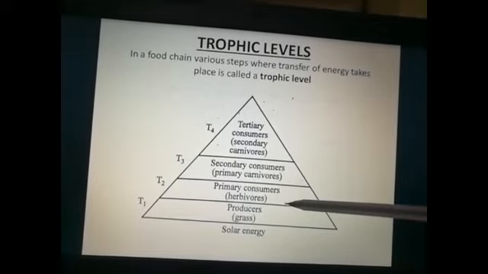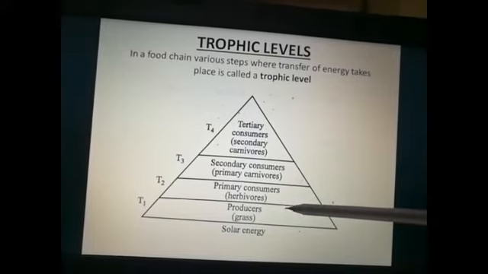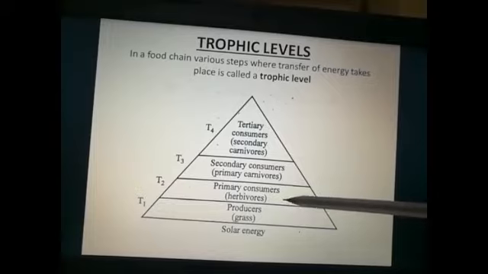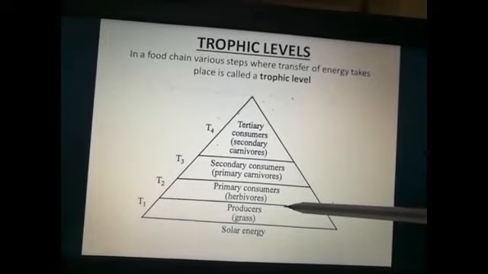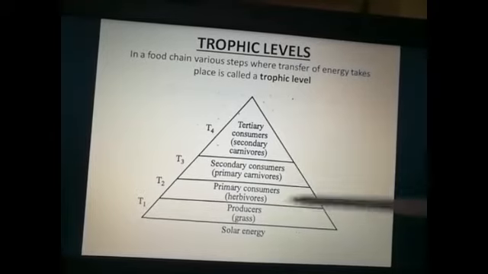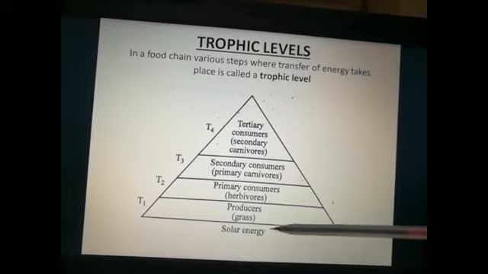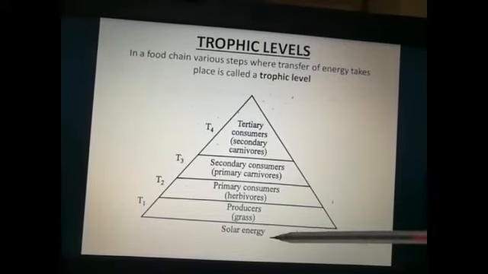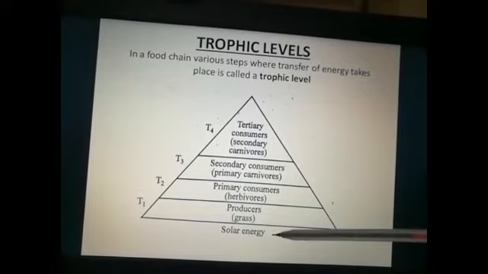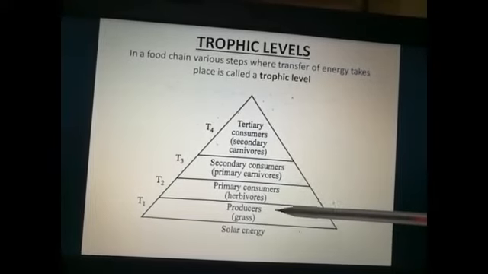Producers are mostly green plants, because food is produced only by autotrophs. So producers are always autotrophs in nature. They get their energy from solar energy, that is from the sun. With the help of the sun, they convert the solar energy into chemical energy.